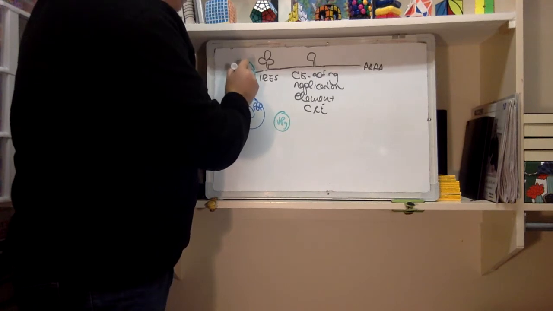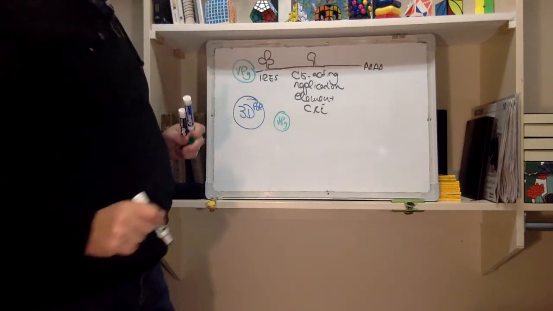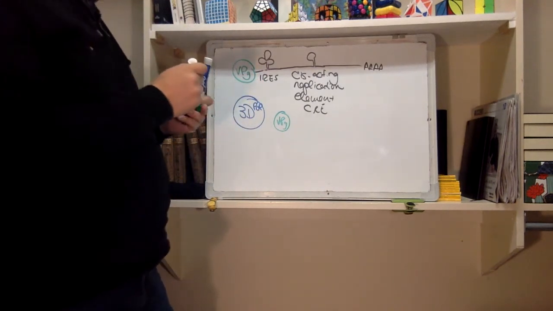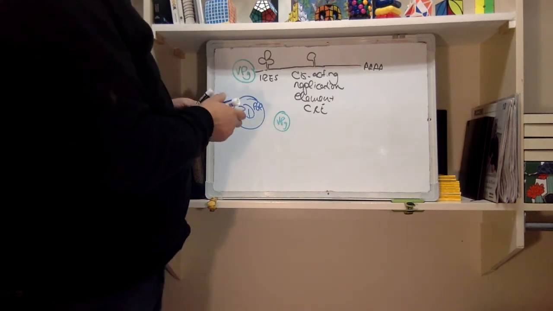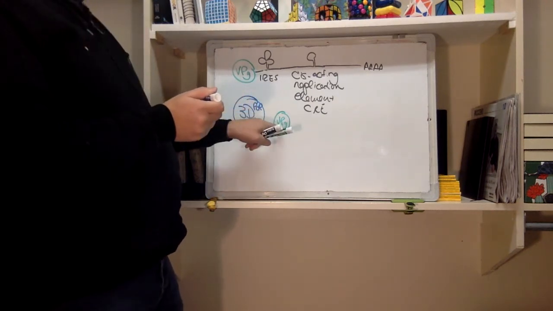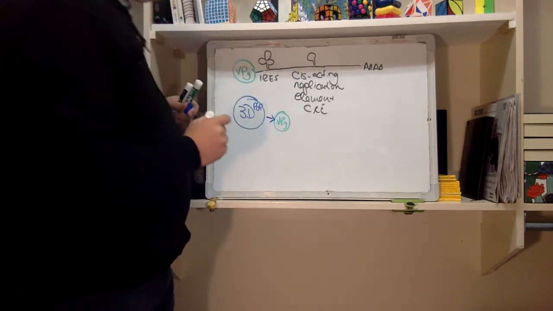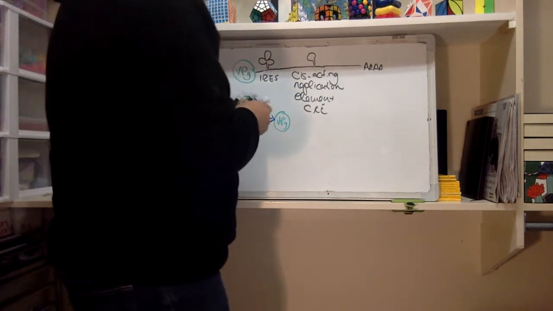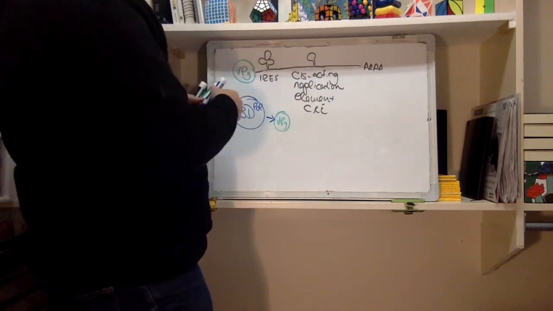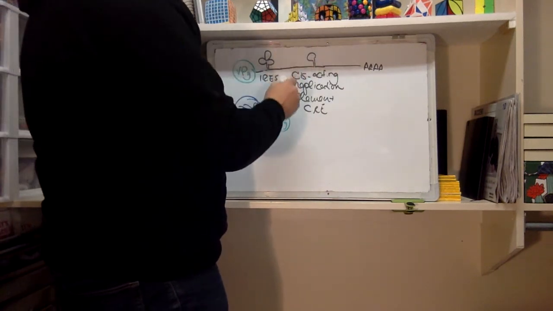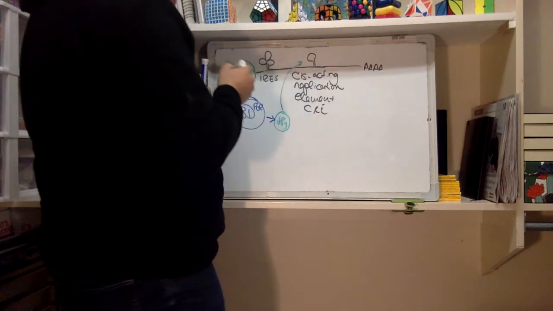Here we go, VPG. Again, just virus protein genome associated. And so the 3D polymerase is going to bind to VPG. So they are going to interact with each other. So we'll draw a little arrow showing it's going to bind. The VPG is going to bind to this cis-acting replication element, like that.